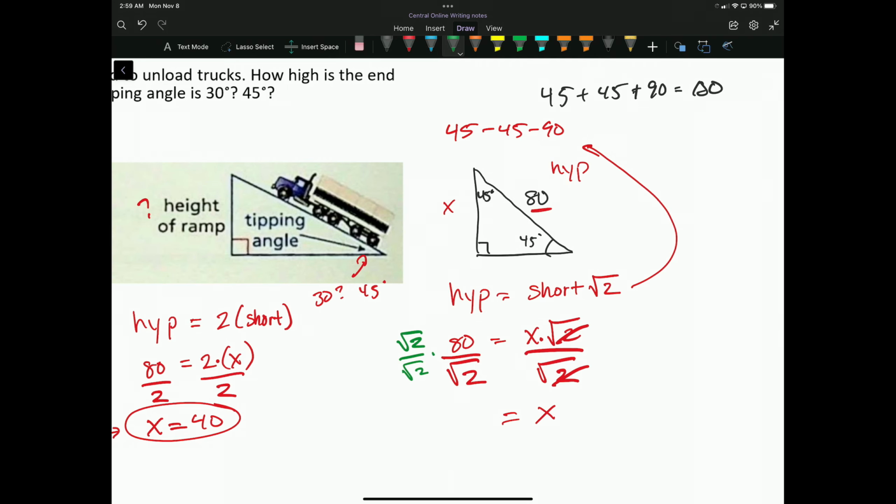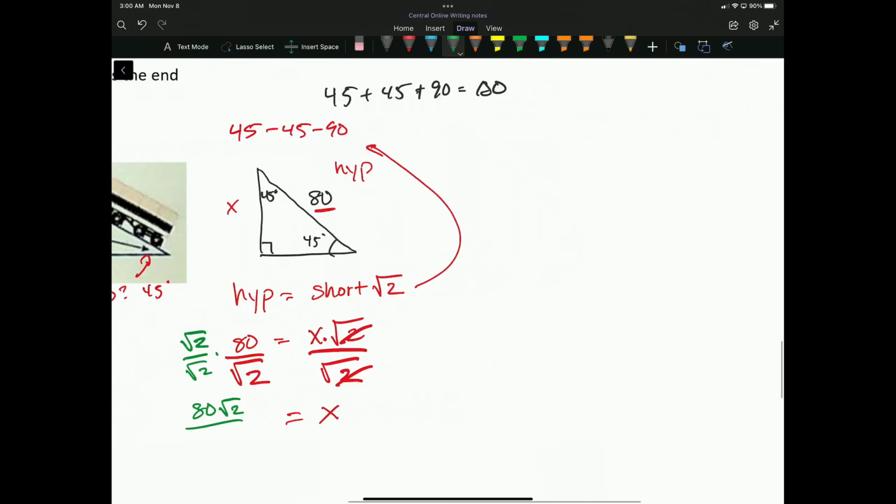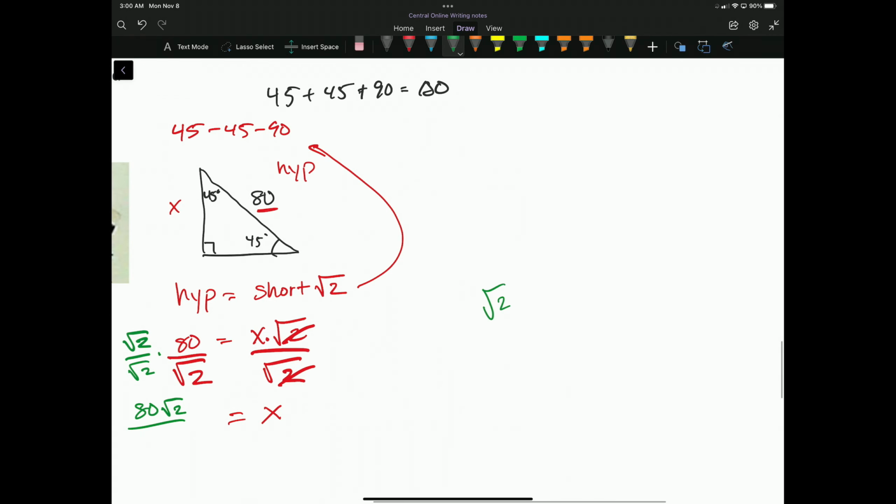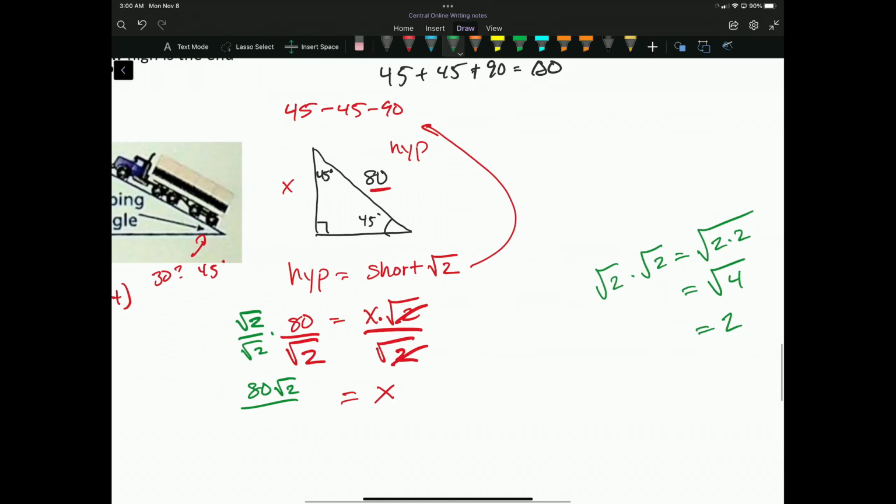On top, it's just going to be 80 square root of 2. But on the bottom we have the square root of 2 times the square root of 2. I can rewrite this as the square root of 2 times 2, which is the square root of 4, and the square root of 4 is 2. So this is like saying 2 on the bottom now.